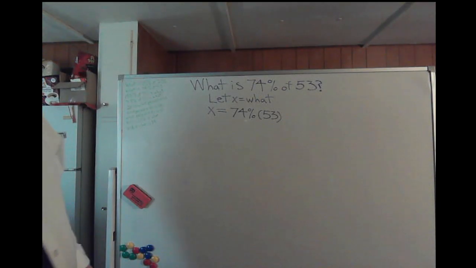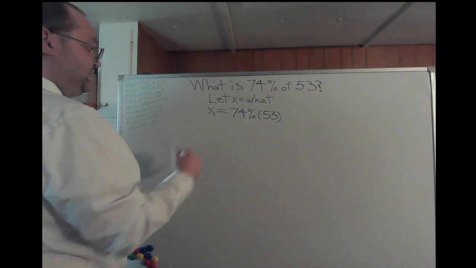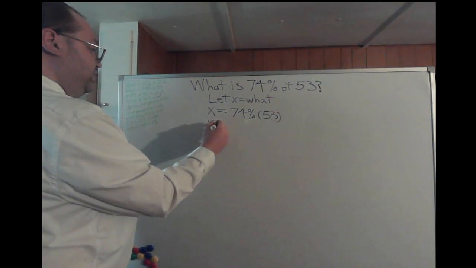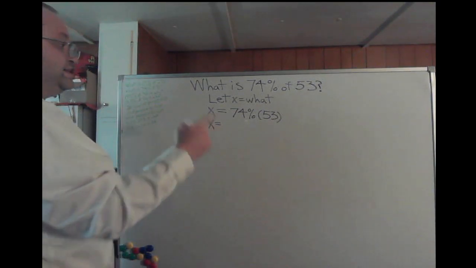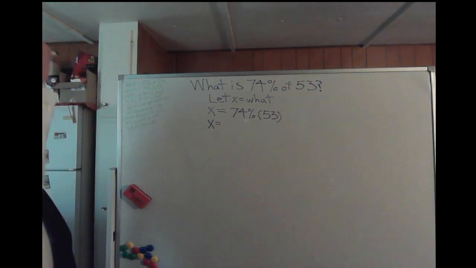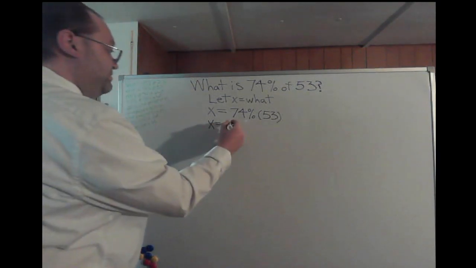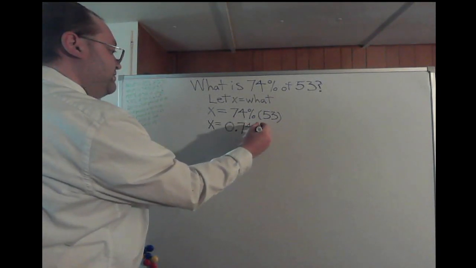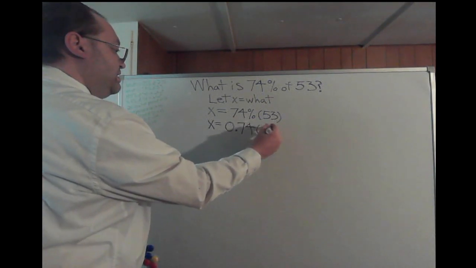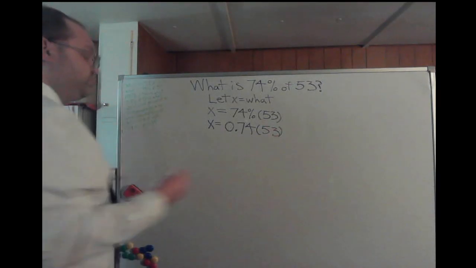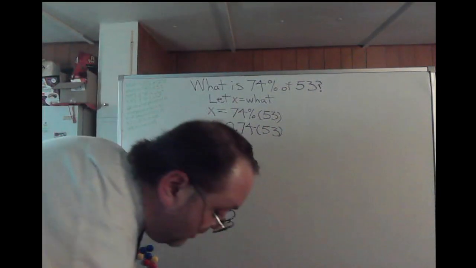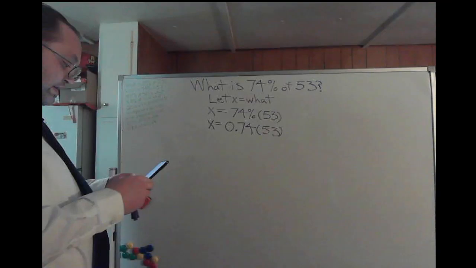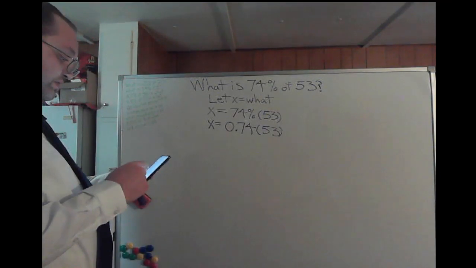Alright. Now we got to translate that 74% into a decimal. X equals... Okay, 74%, take the decimal place, move it 2 places to the left, you'll get 0.74. That is 0.74 times 53. Now it's just a matter of plug this into your calculator, and you'll have the answer.